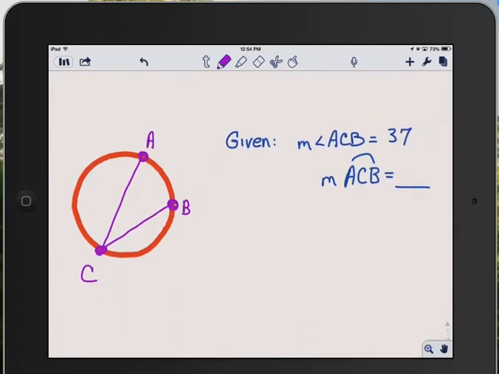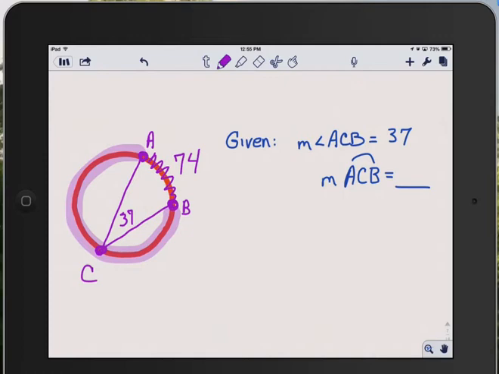If the measure of the angle is equal to 37, what is the measure of arc ACB? Well, it's asking for this arc over here, arc ACB. The 37 degree angle tells us that this arc over here, which happens to be a minor arc in this case, is equal to 74, because just like the previous problem, you multiply the angle by 2, and you'll find the arc.